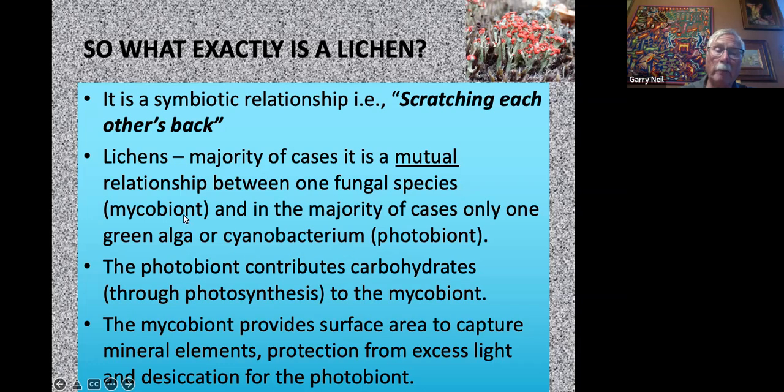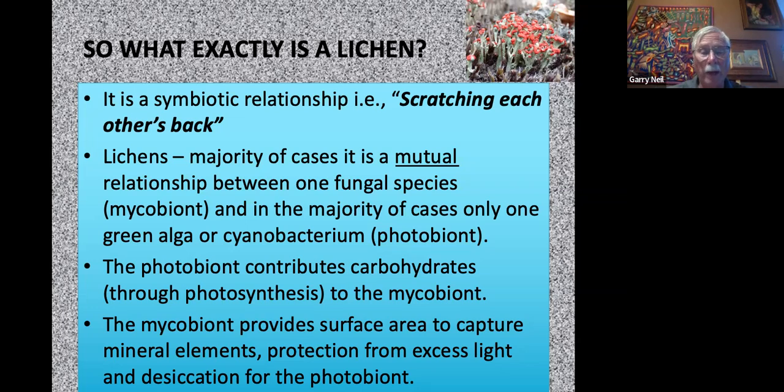The mycobiont, by the way, is the term for the fungus. The algae or cyanobacterium are put into a group called photobionts. What is the function of the photobiont? It contributes carbohydrates through photosynthesis to the mycobiont, so it's providing carbohydrates for the fungus so it can survive. What does the mycobiont do for the algae that's growing with it?